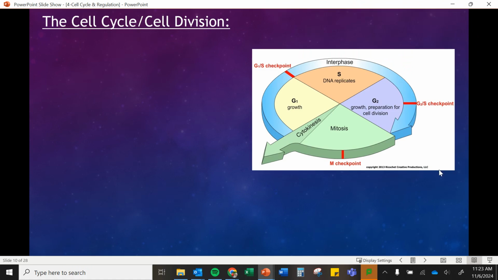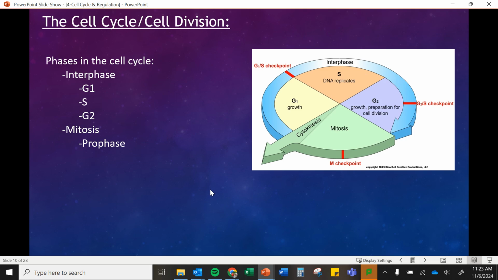Okay, so this is a diagram showing the cell cycle or cell division. We have different parts that we're going to go through today. We have interphase, which has the phases, shown here in blue, G1 or growth 1, S, DNA synthesis, and then G2. And then we have mitosis, which is separate from interphase.